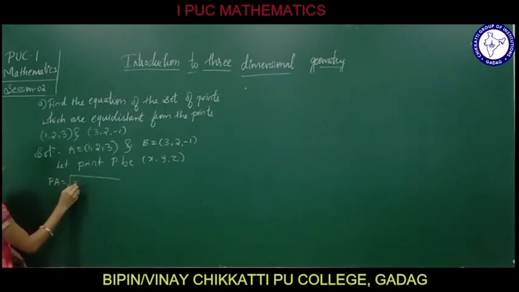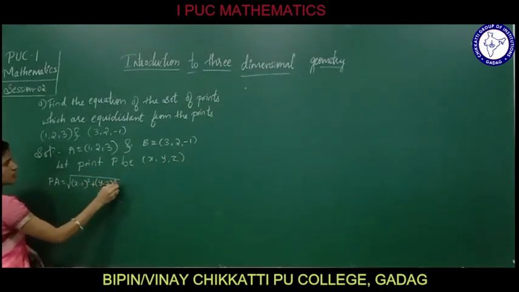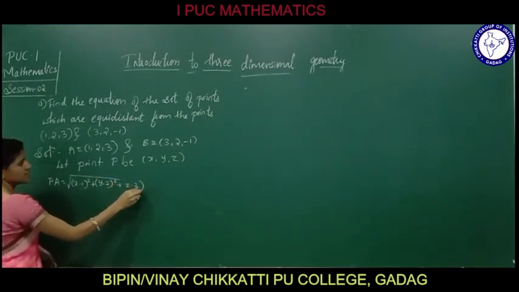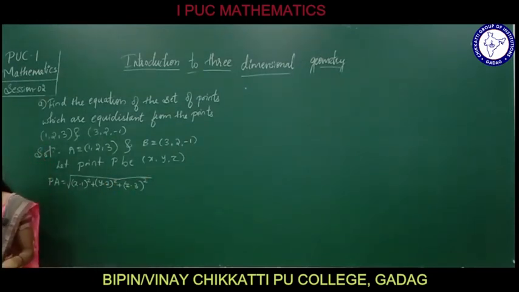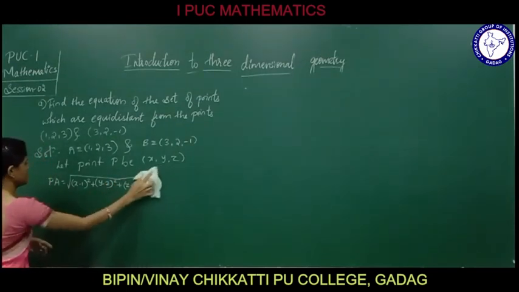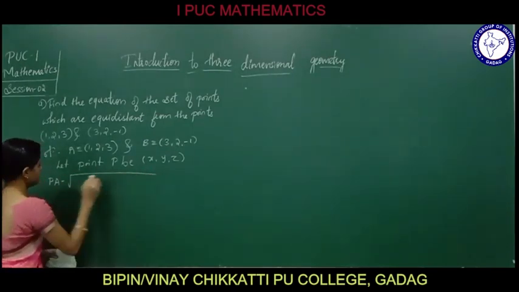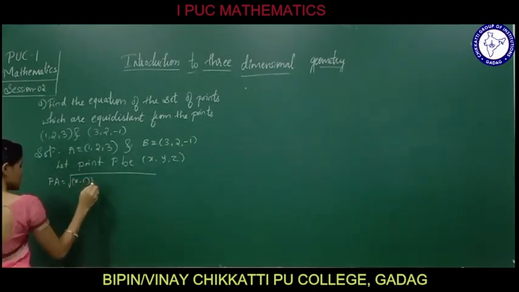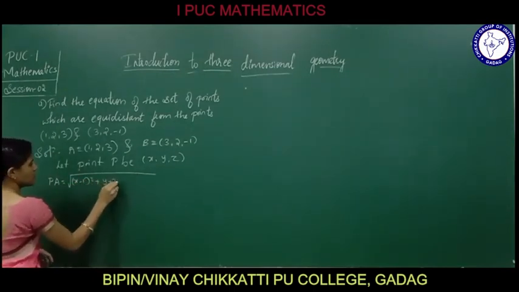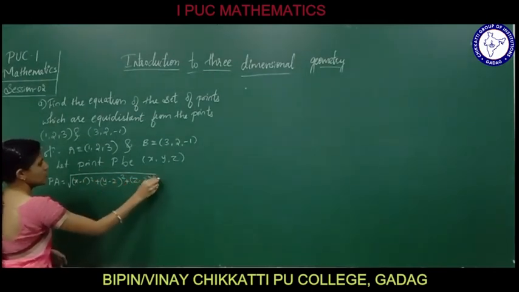So it's going to be x minus 1 whole square plus y minus 2 whole square plus z minus 3 whole square. It is PA, the root of that.